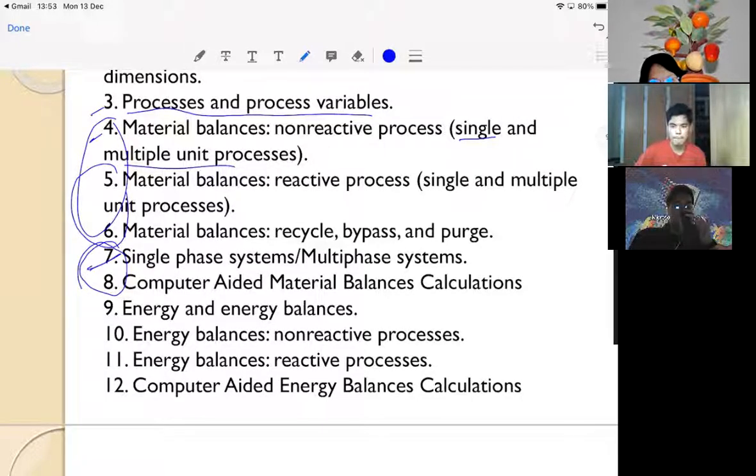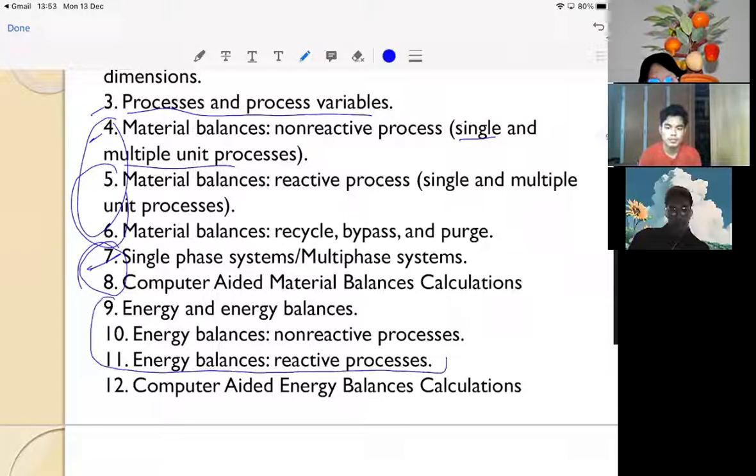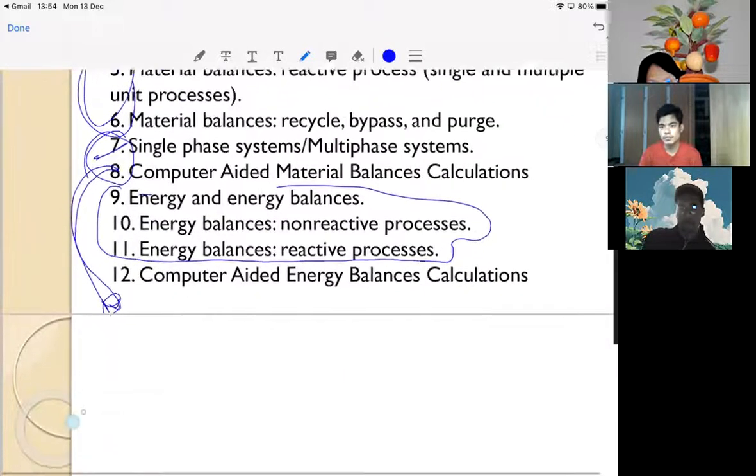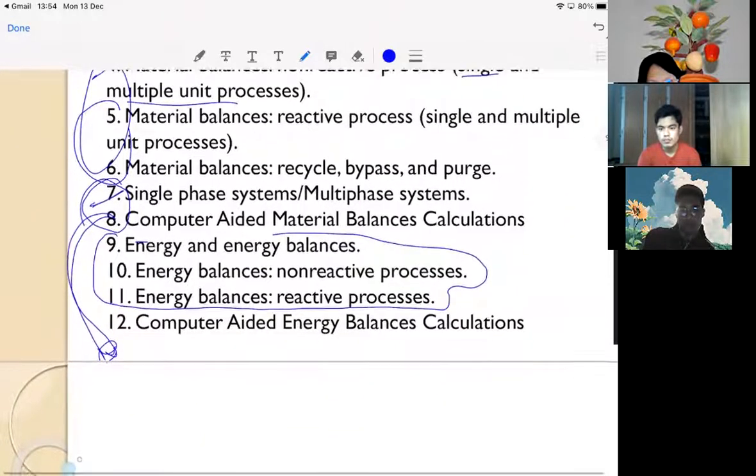And also the last topic, we will concentrate on the energy balance. We also concentrate on the reactive system and non-reactive system. And also computer-aided calculation.